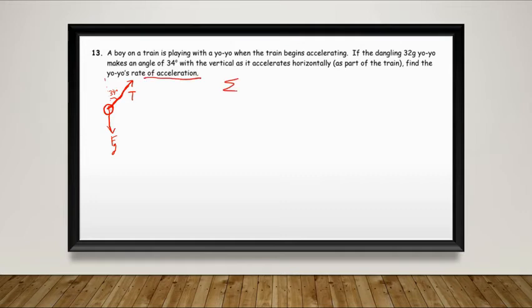Well, we have our sum of our forces in our x direction, and we have our sum of our forces in our y direction. And this question is just a little bit different because we've been looking at sum of forces being 0, but in this case, our sum of forces in our x direction is mass times acceleration, and in our y direction, it's 0. And the reason in the y direction it's 0 is because our yo-yo is not accelerating in the up and down direction.